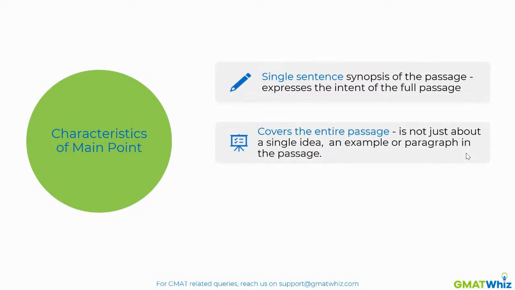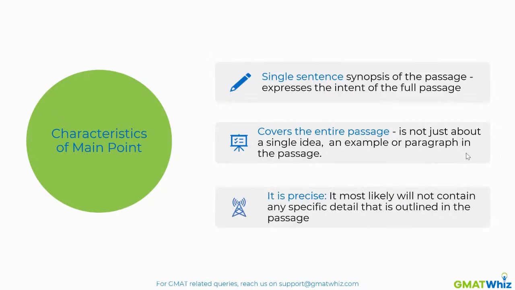So it should be covering the entire passage and not just be talking about any small idea, any limited scope. Okay, and of course it should be precise. So you should not choose an option which goes into too many details, because identifying the details is not really the purpose. All right, so these are the 3 main characteristics of the main point correct answer choice.